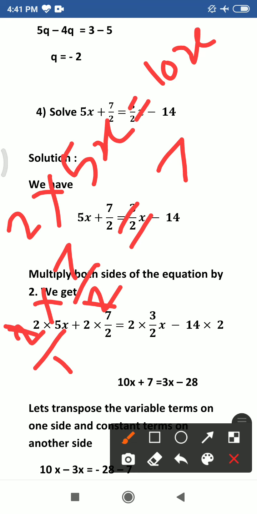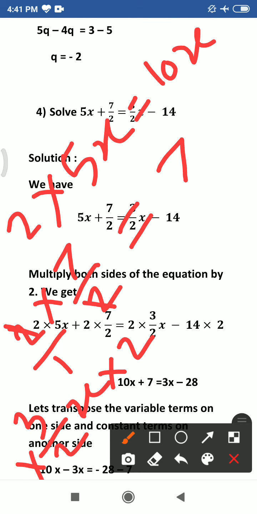Then next, 3 divided by 2x into 2. So 2 will be cancelled, and it will remain as 3x.